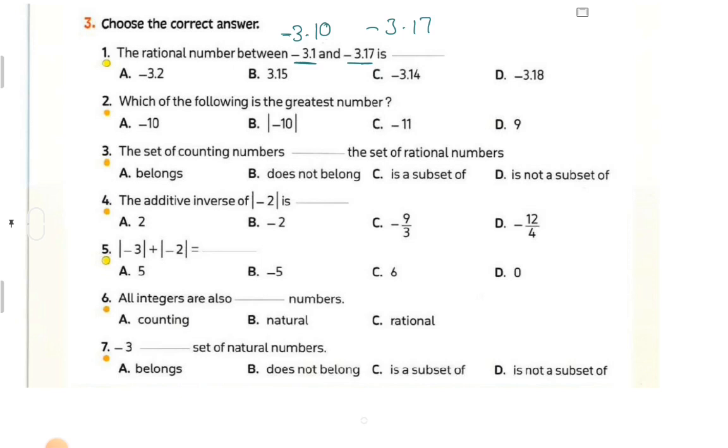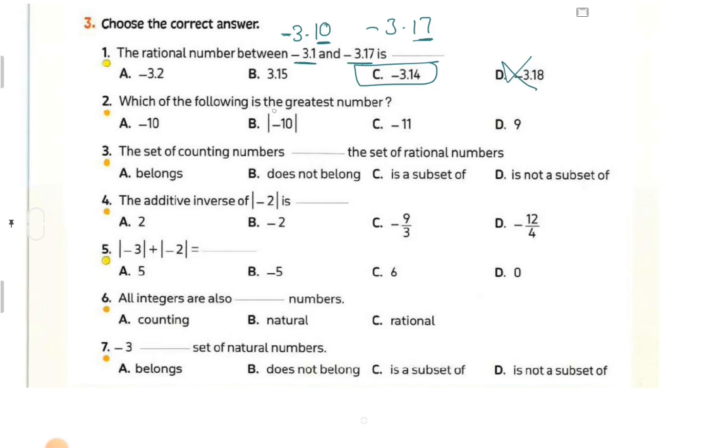So between 10 and 17 may be 11, 12, 13, 14, 15, or 16. Here this is negative 18, it's just before. Yes, look, negative 3.14. 14 is between 10 and 17.